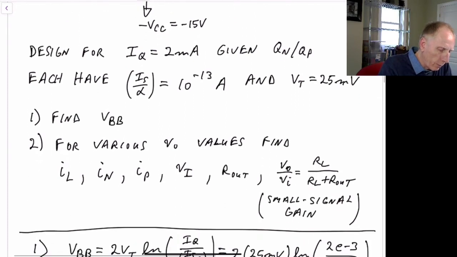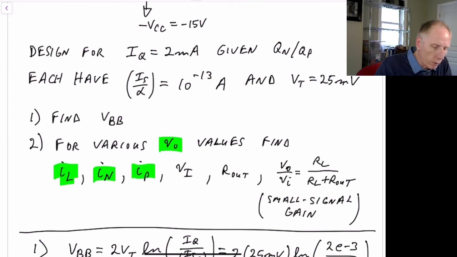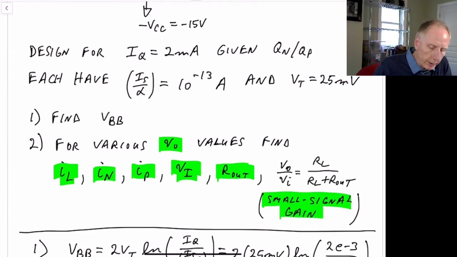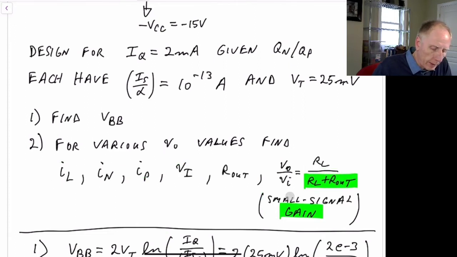We'd also like to look at various output voltages and create a table that shows the output load current, the current through the NPN transistor, the current through the PNP transistor, the input voltage for that particular output voltage, the output impedance for that output voltage, and finally the small signal gain, which is defined as RL divided by RL plus Rout for this amplifier, and see how much that changes as the output voltage changes.